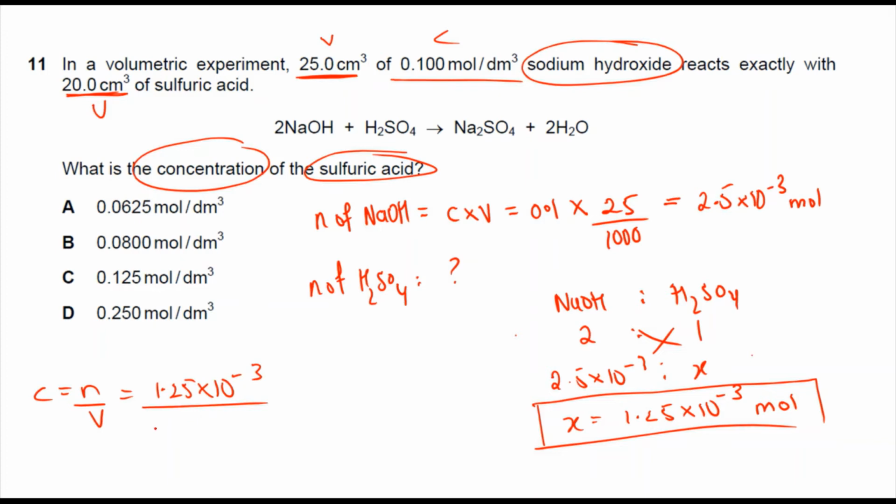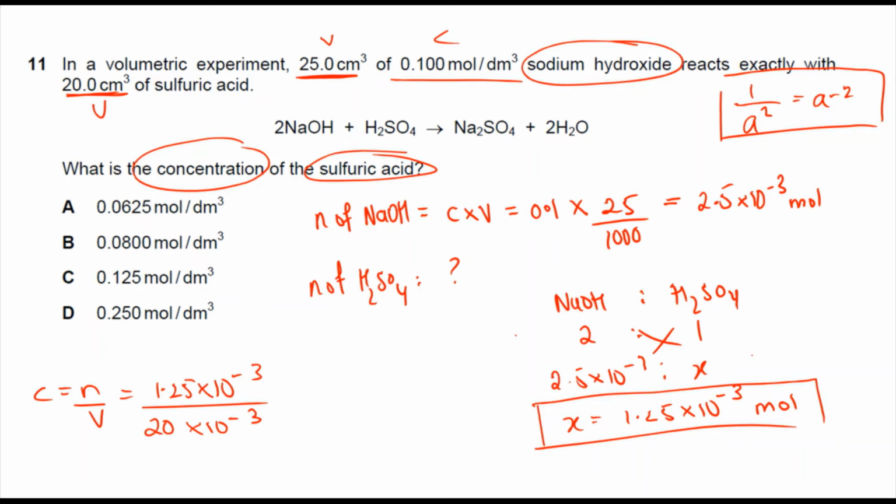Can I write the volume as 20 into 10 raised to the power of minus 3? Why am I saying that? You must have studied in maths that if it's 1 over a raised to the power of 2, then if you bring it in the numerator it becomes a raised to the power of minus 2. So the negative power we used to take to the denominator, and its power became positive, right? Do you remember that rule?